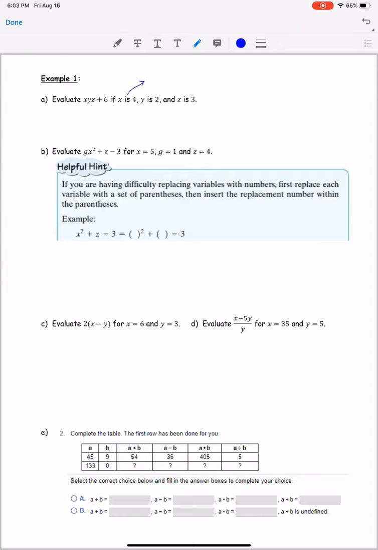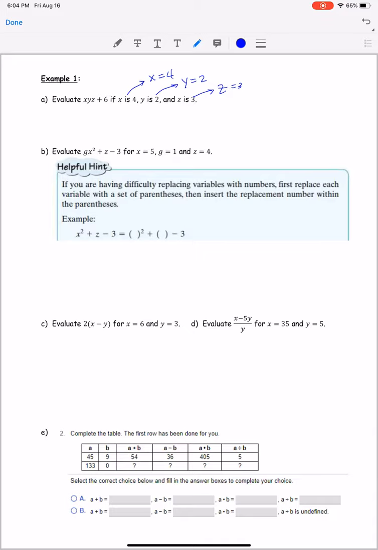More times than not you'll just see this as x equals 4, y equals 2, and z equals 3. Those mean the same thing, so going forward we need to know that. When you're evaluating, we need to know what operation is going on between these variables. If you have xyz, those are all together with no operation in between, which means they are all being multiplied together. So you've got x times y times z.